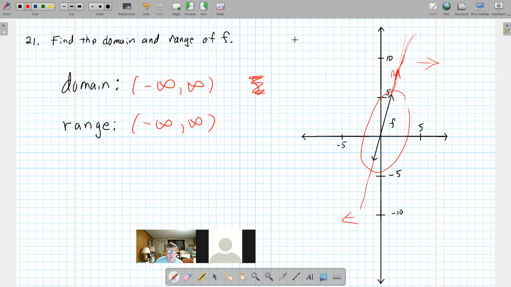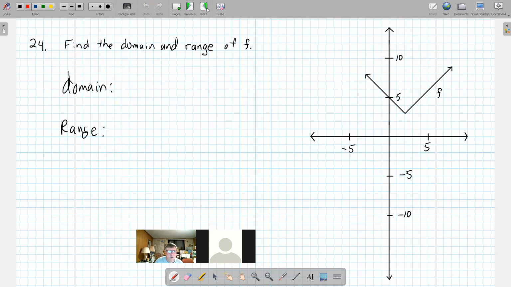Let's see here. Again, find the domain and range of f. The domain, well, as this is going up, it's going over. As this is going up, it's going over. So it's going to cover all real numbers from negative infinity to positive infinity. However, the range, the lowest value of the range, y equals 3.